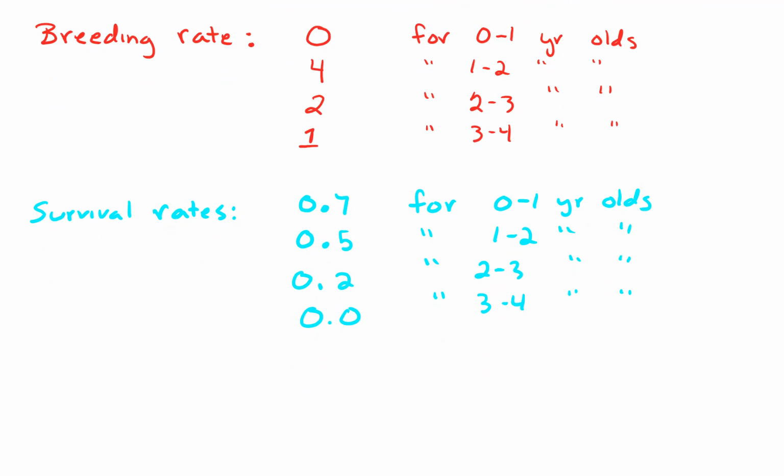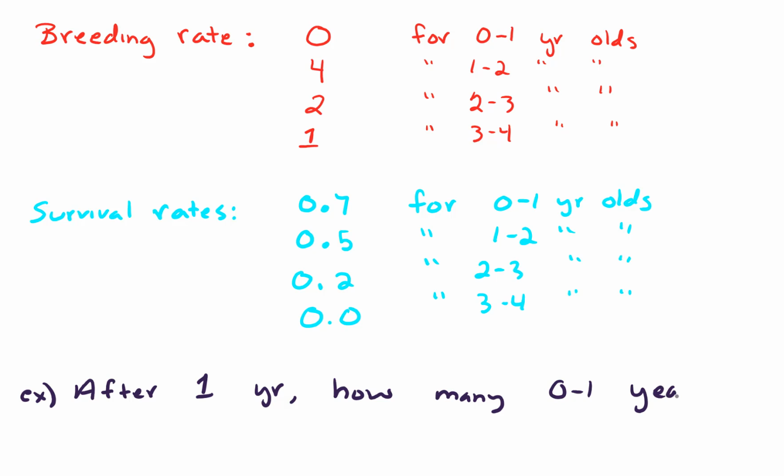Now, if we wanted to compute how many 0 to 1 year olds there will be, it would look something like this. After 1 year, how many 0 to 1 year old beetles will there be?